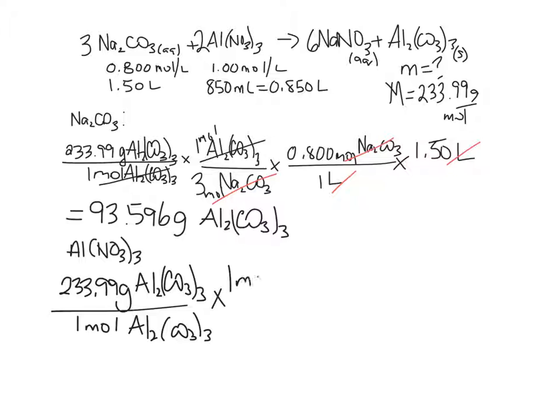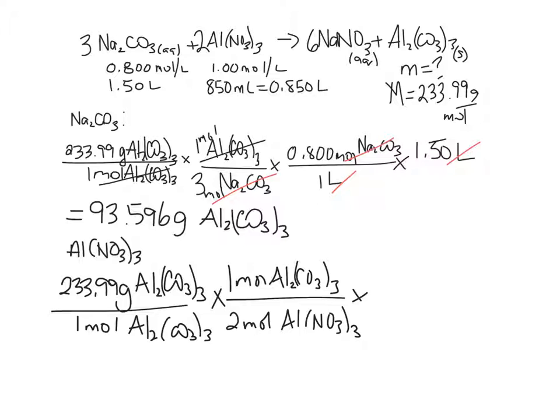There's 1 mole of aluminum carbonate for every 2 moles of aluminum nitrate. So these will cancel out. We have up here 1 mole of aluminum nitrate per liter, and we have 850 milliliters of it.